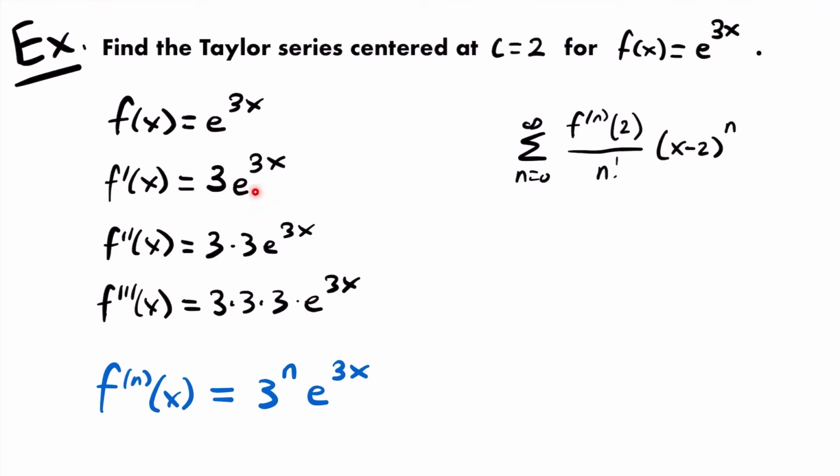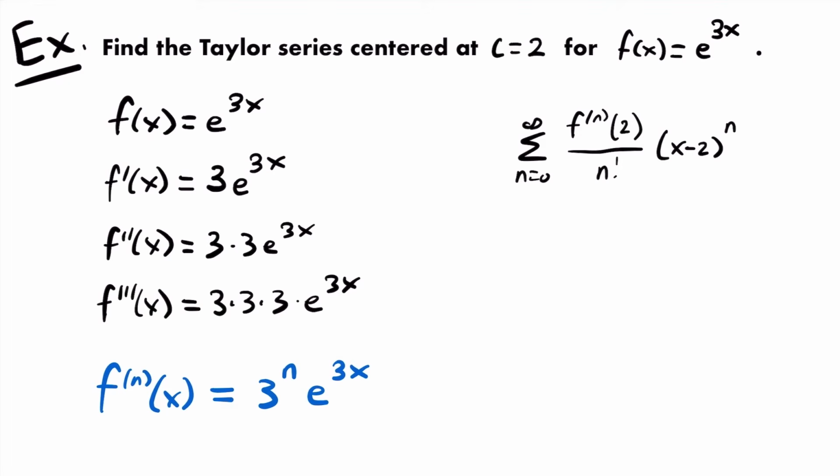But then depending on the derivative, we're going to have a certain amount of 3's. In the third derivative, we have 3 3's, so we would have 3 cubed for the third derivative when n equals 3. For the second derivative, where n would be equal to 2, we have 3 squared, we have 2 3's. And for the first derivative, we have 1 3, and so we would have 3 to the first power.